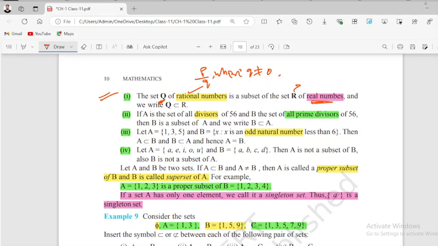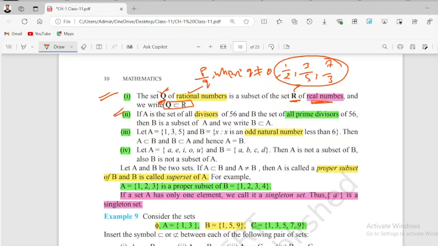For example, 1 by 2, 3 by 5, 7 by 3, these are all rational numbers. All these rational numbers belong to the real numbers. So we can say the rational numbers are a subset of the real numbers.